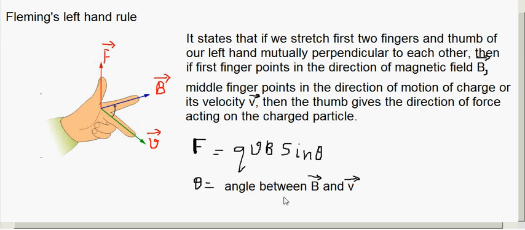Now we can take different cases of theta, like what happens if theta is 0, theta is 90 degree, theta is 180 degree, and then we can see what happens to the force.